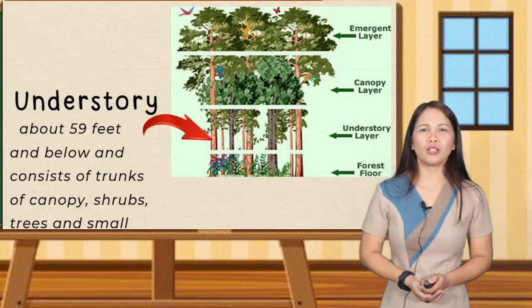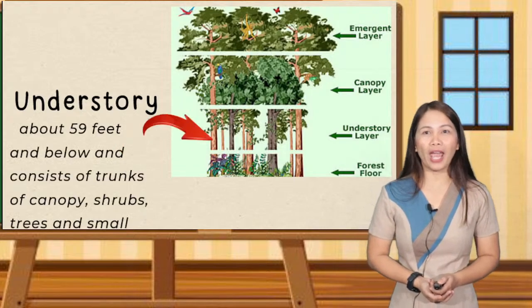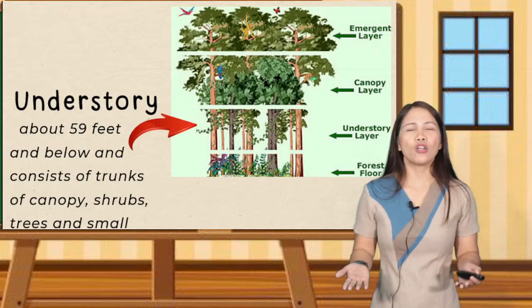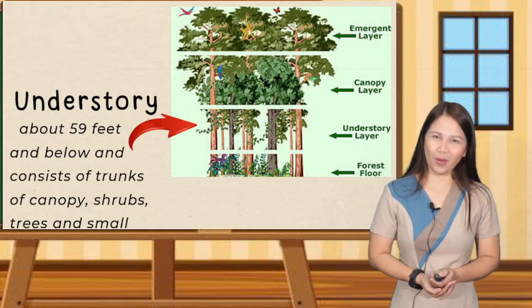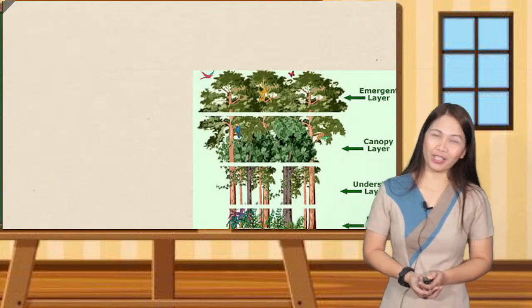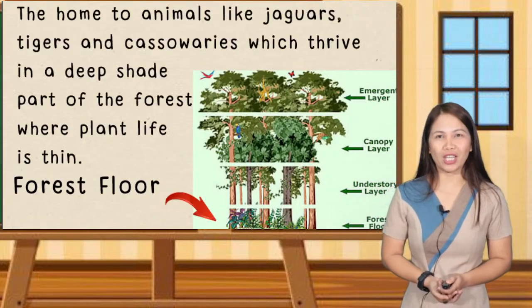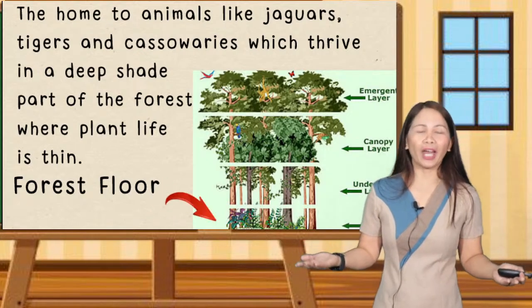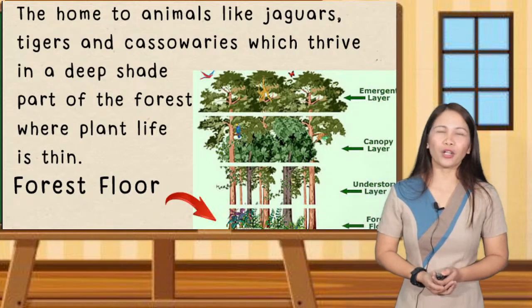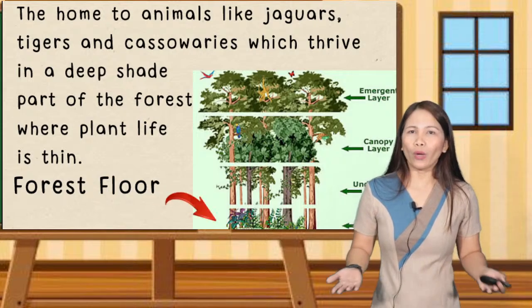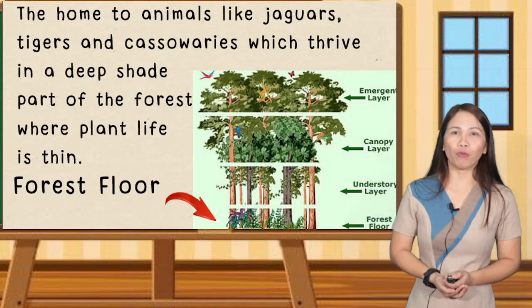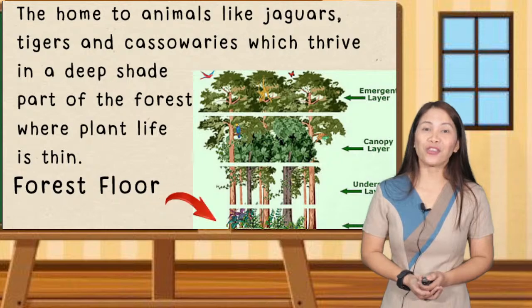It is about 59 feet and below and consists of trunks, canopy, shrubs, trees, and small trees as well. And for the last layer, we have the forest floor, which is the home to animals like jaguars, tigers, and cassowaries, which thrive in a deep shade part of the forest where plant life is thin.